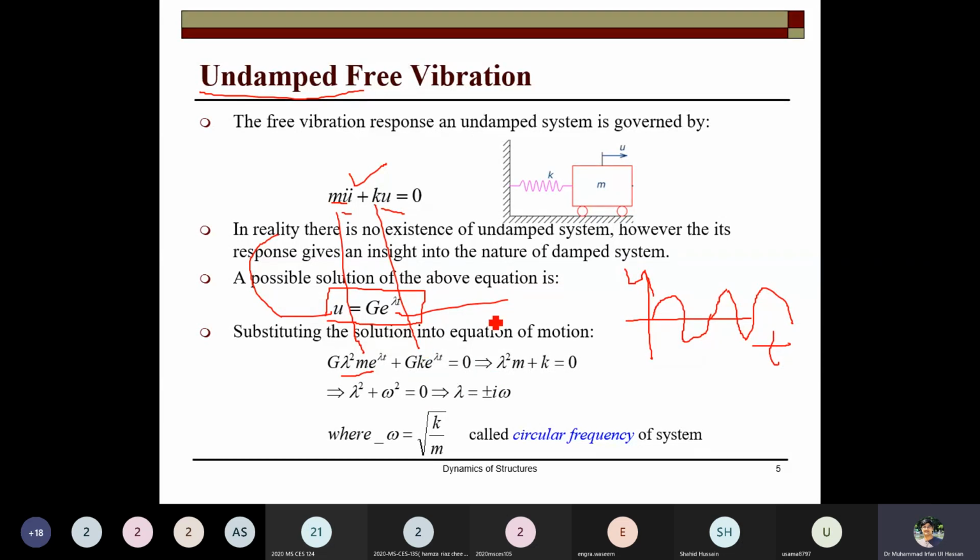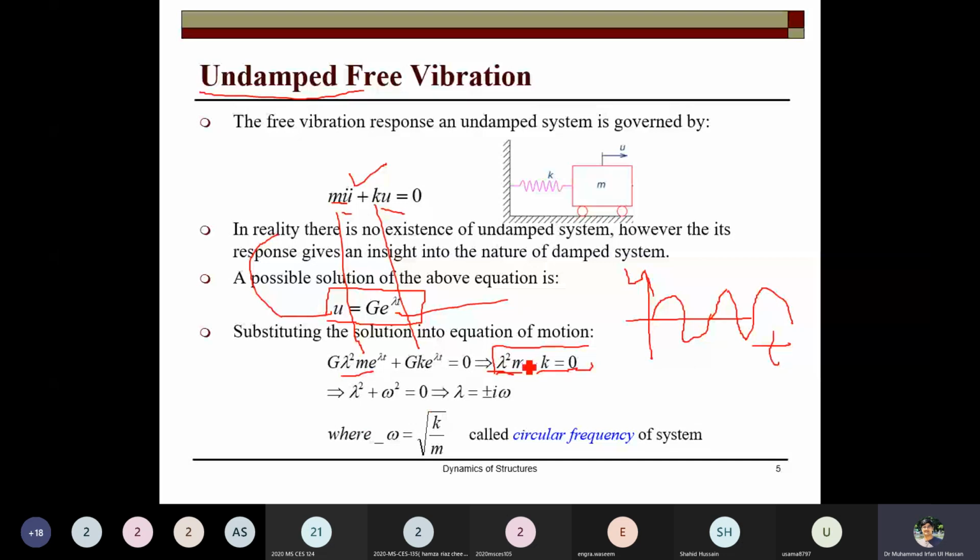The coefficient of e raised to power lambda t is basically lambda square M, because G and e raised to power lambda t are common in both. So this implies that the equation for the roots will be lambda square M plus K is equal to 0.